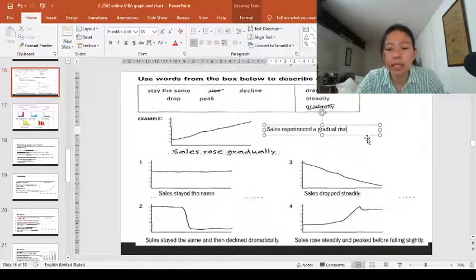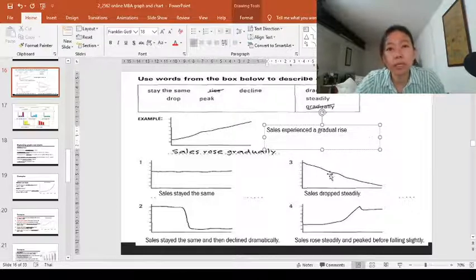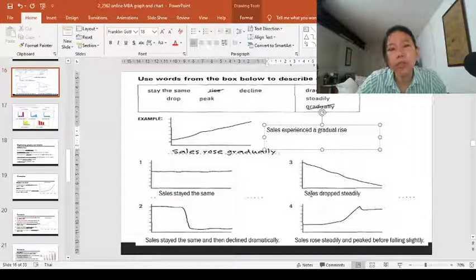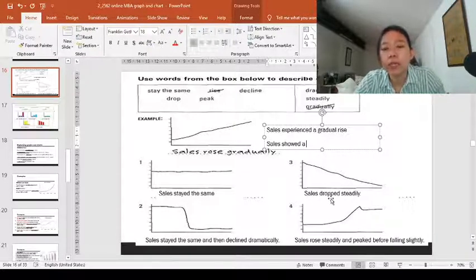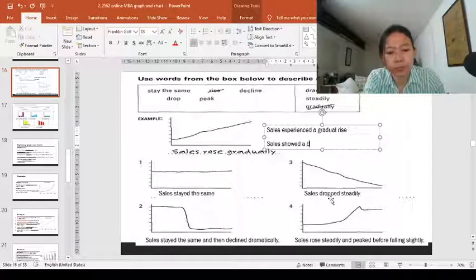Okay, another example here. If we look at picture number 3, sales dropped steadily. In this sentence, we can change it into a noun phrase as well. So we can say sales, and then we find some verb, show. Here, we can change the verb drop into a noun, and steadily is an adverb, so we're going to turn it back into an adjective.